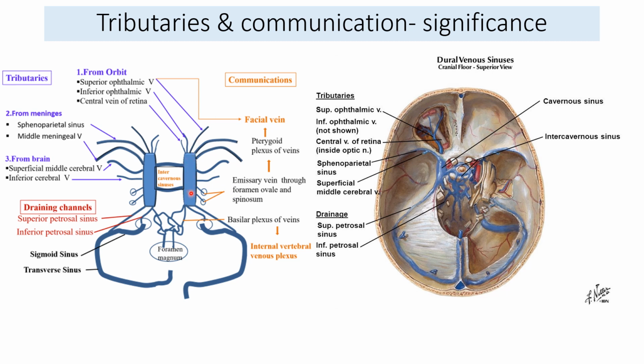Because of the thrombus, there is blood clotting which will obstruct the venous channel. Once the venous channel is obstructed, there is increased venous pressure. Increased venous pressure will give back pressure to the arteries, and there occurs decreased perfusion in the brain substance, because of which infarction can occur, which is called venous infarction.